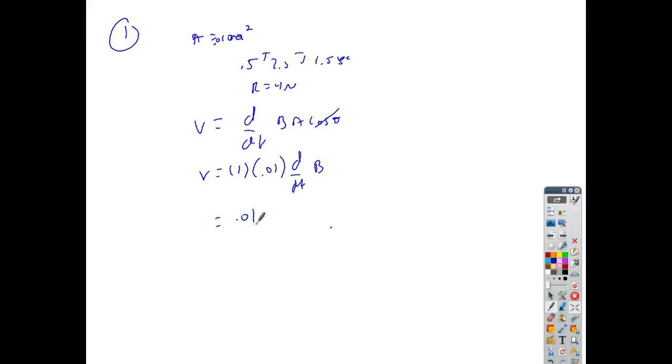So what's the rate at which my magnetic field is changing? It's going up 2 in 1.5 seconds. So that's 4/3. So I put 4/3 in here, and I get 0.0133 volts, which is my potential difference. And I turn that into an IR.